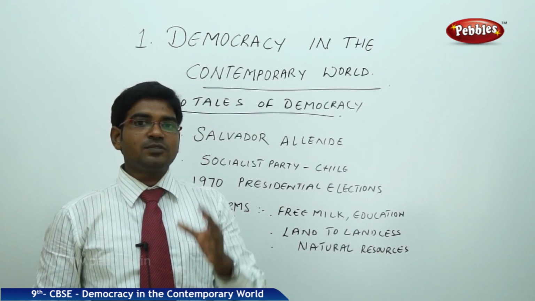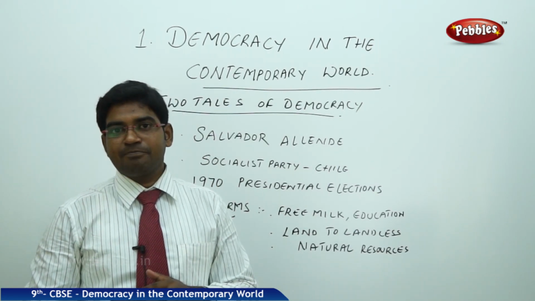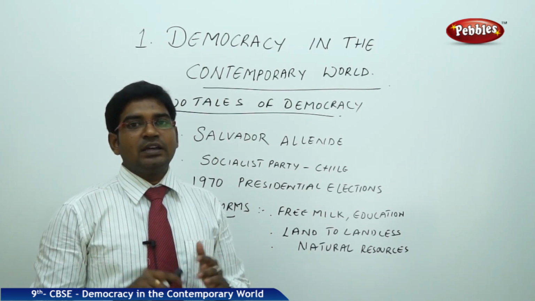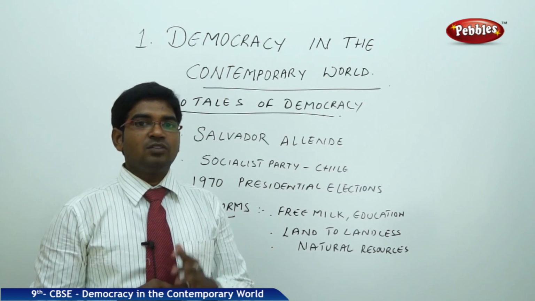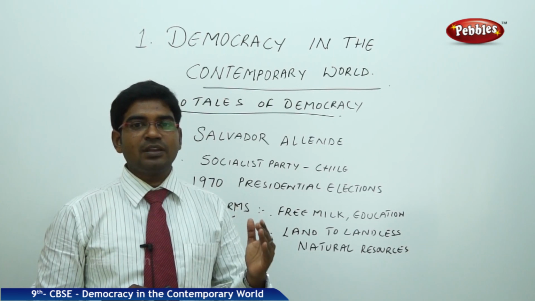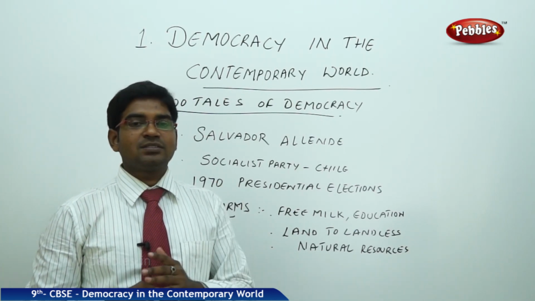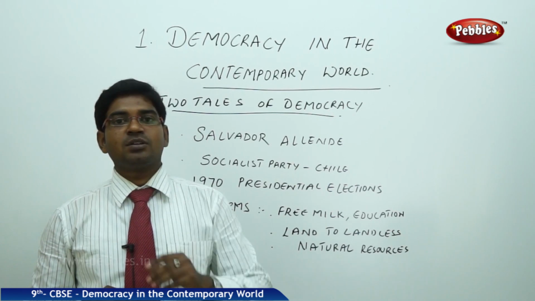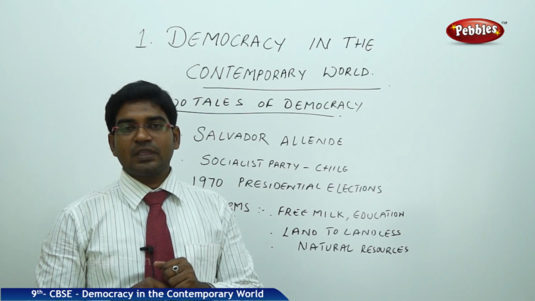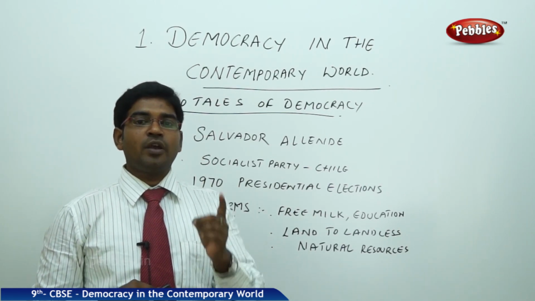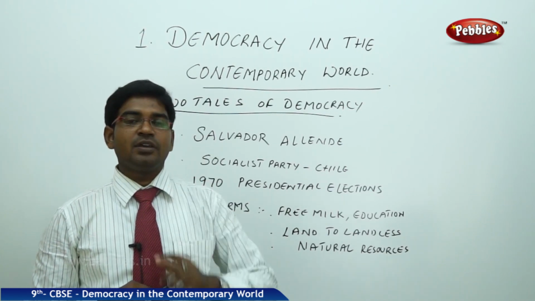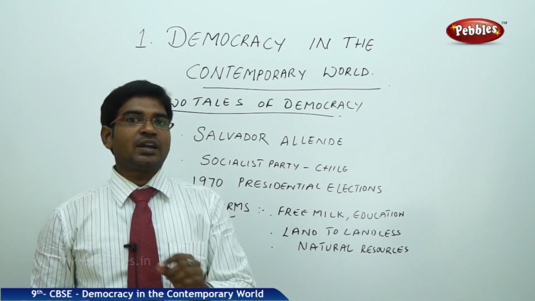The major reforms which he brought after he was victorious in the presidential elections gained him a lot of charisma in the entire country, as he provided education and free milk to the children, as well as land to the landless poor farmers, and also held control of the natural resources, not allowing any of the foreign companies to exploit the natural resources of Chile without any benefit to the country.